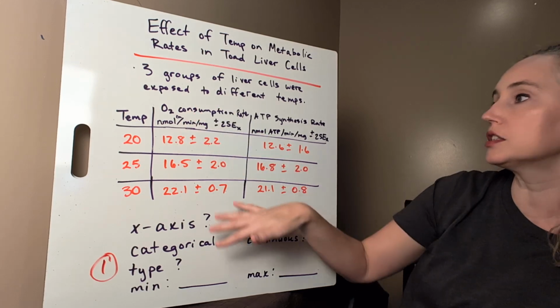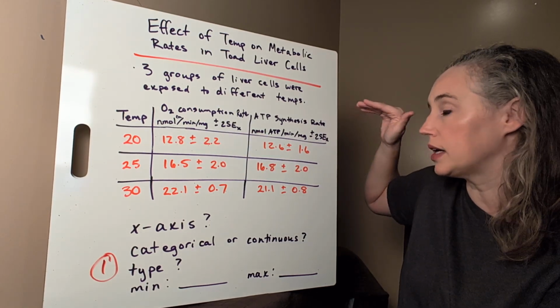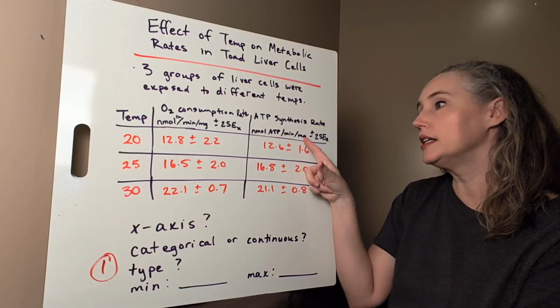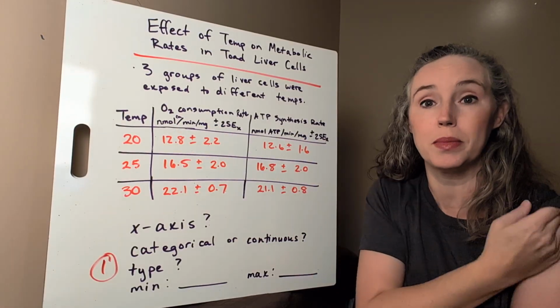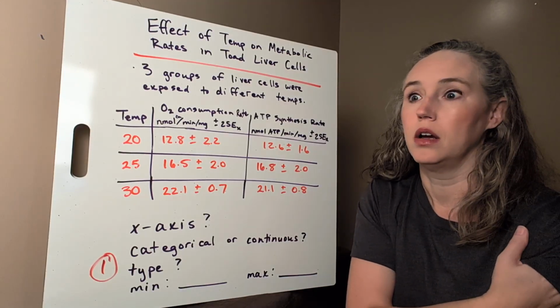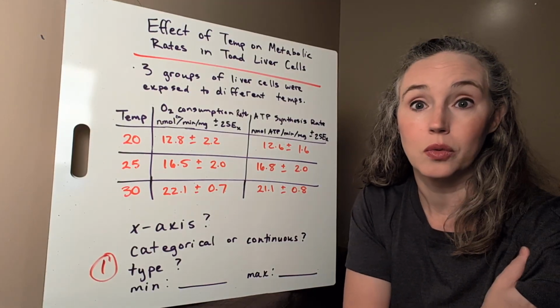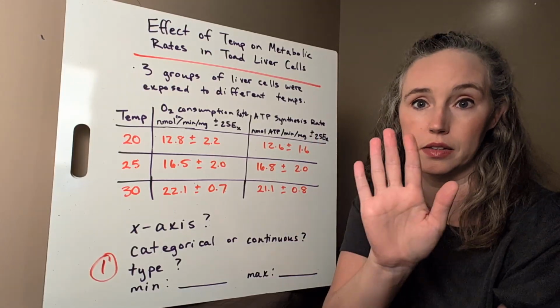All right. So we got oxygen consumption rate and ATP synthesis rate. Now our units are the same. So that's good, because that means we don't need to make a dual y-axis. We can make a single y-axis with like 2 different, like with a key. So that's nice.